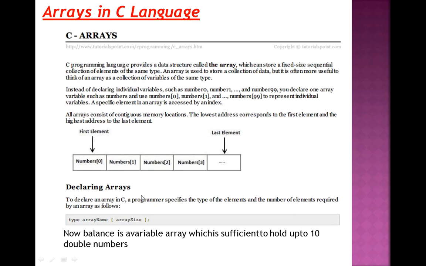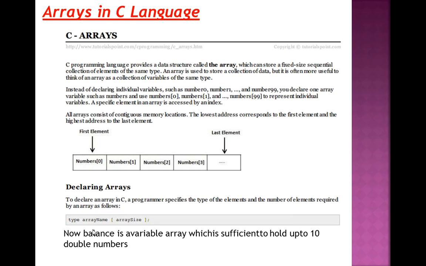Next, how to declare the array. This is the syntax. First of all, type, then array name. Type means data type. It may be int, float, or double. For example, I'm using double balance[10]. This is your array size. It is a numeric value, that is 1, 2, 3, 4, 5, 6 till any value, 10, 20, 30, 40, any number.